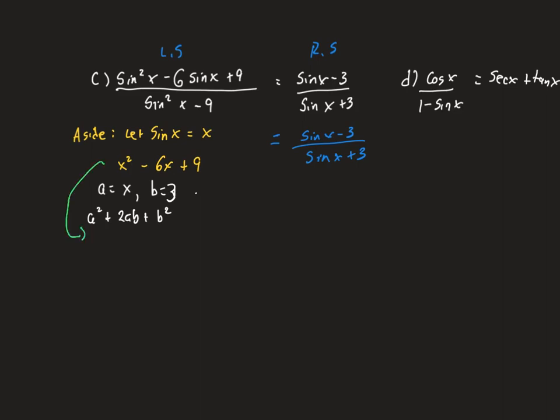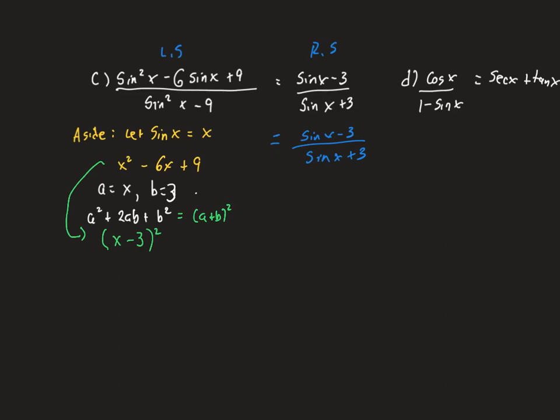It's just a quick reminder about perfect squares and factoring of quadratics here. I can turn this into x minus 3 squared, because I know that this is equal to a plus b squared. Okay?